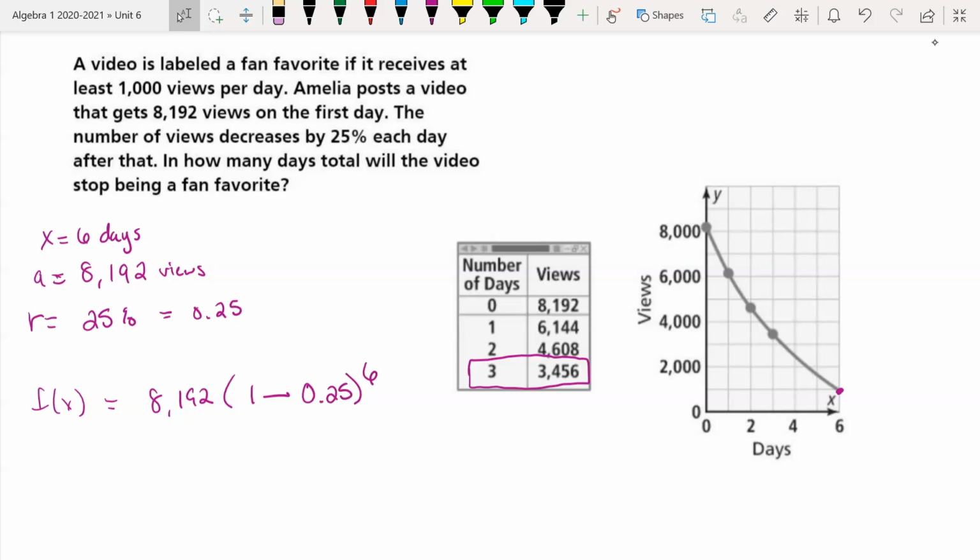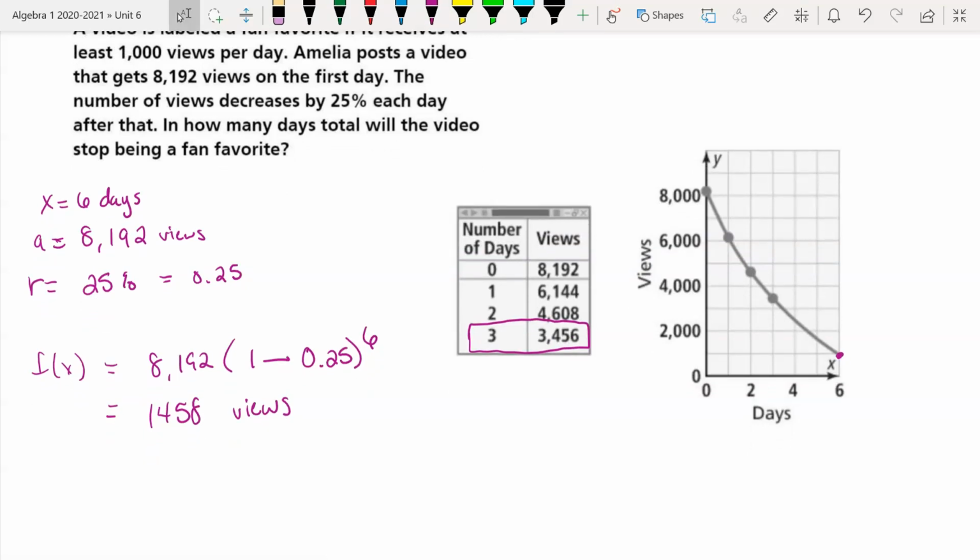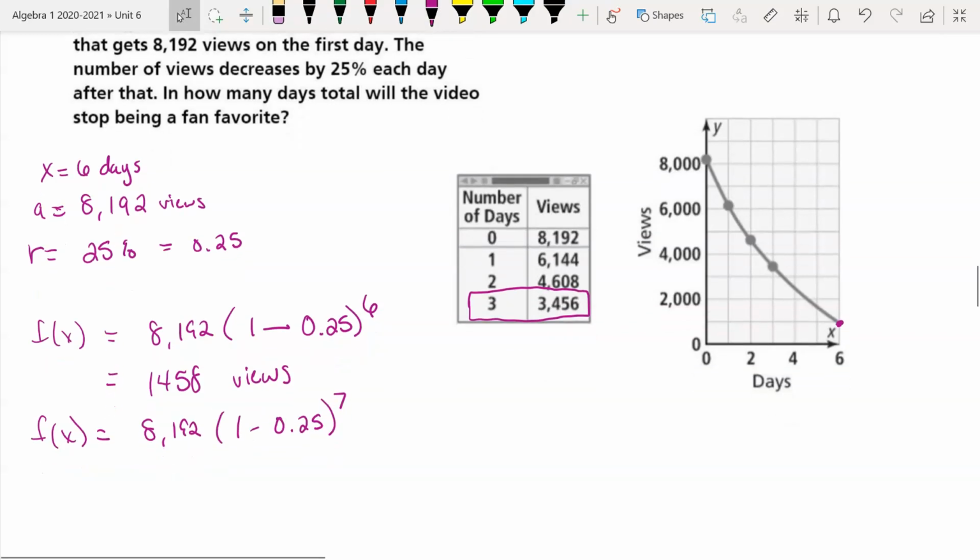So I would do 1 minus 0.25, raise it to the 6th power, and then multiply by 8,192. So when I do 6, I get 1,458 views. Well, is that below 1,000 views per day? No. So let's keep going. We use the same equation, but now instead of 6 as our time, let's try 7 days and see what that does.